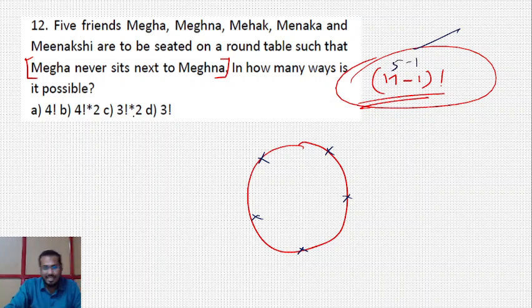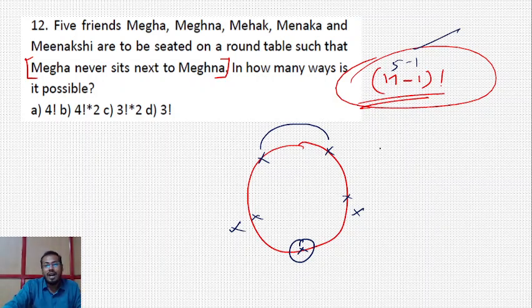But there is a condition. Megha never sits next to Meghna. So first, place Meghna. That is the right choice. If Meghna selects this chair, definitely Megha will never select these 2 chairs. So Megha has only 2 options: either she chooses this or that.